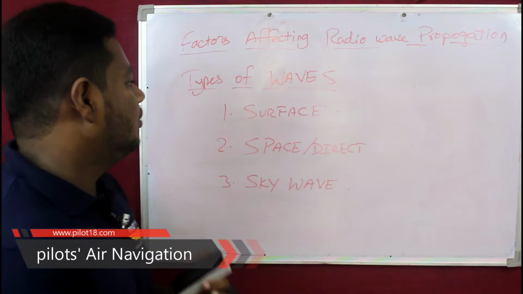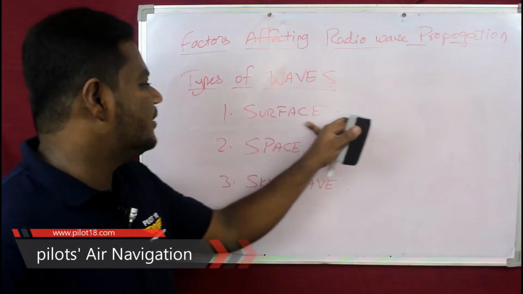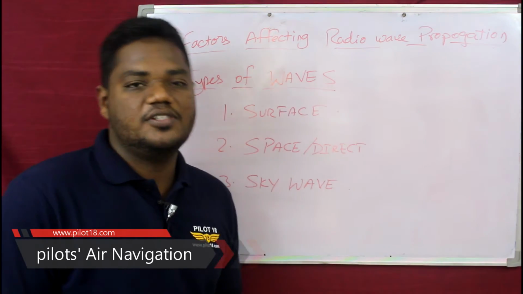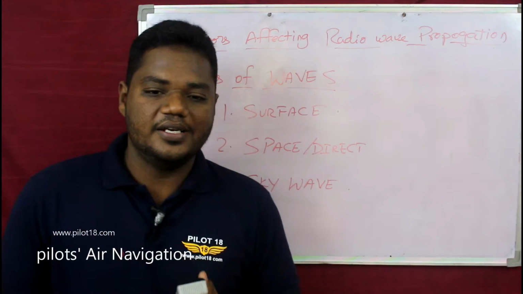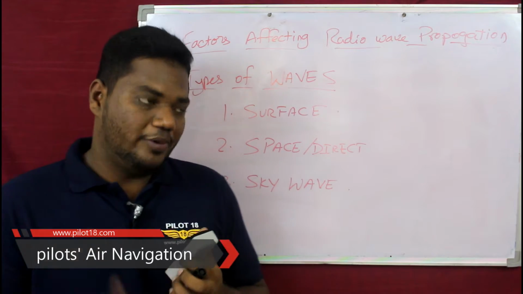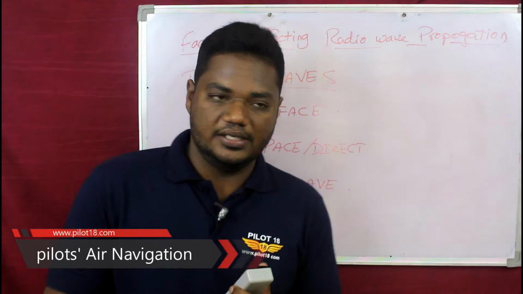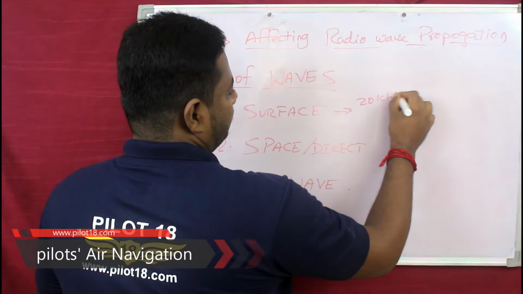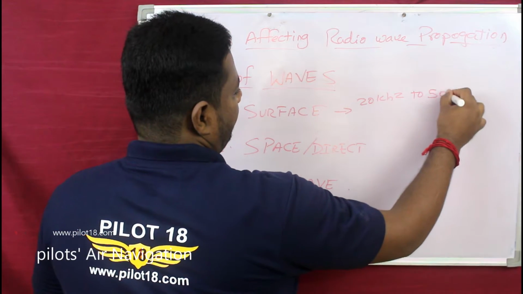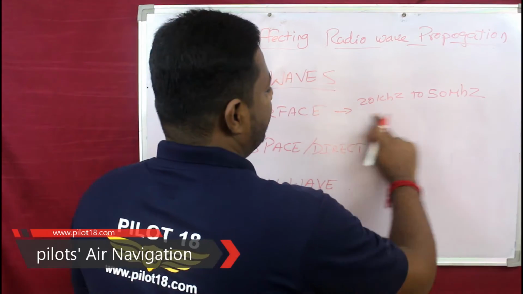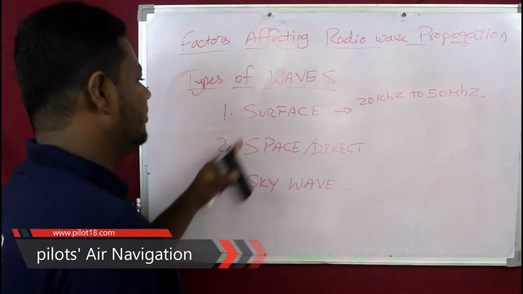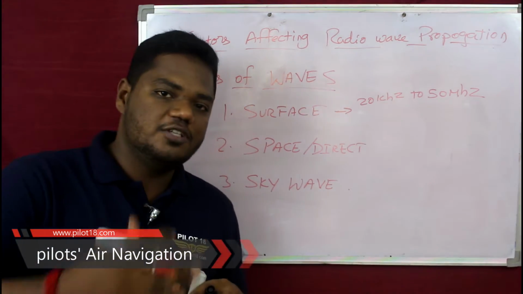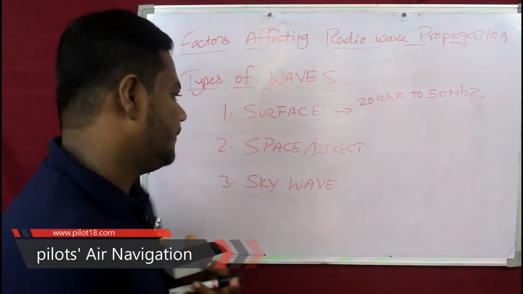Now, at what frequency does the wave travel through the surface? The frequency band is approximately 20 kilohertz to 50 megahertz. Within this frequency band, there will be a surface wave. The wave will be traveling over the surface.